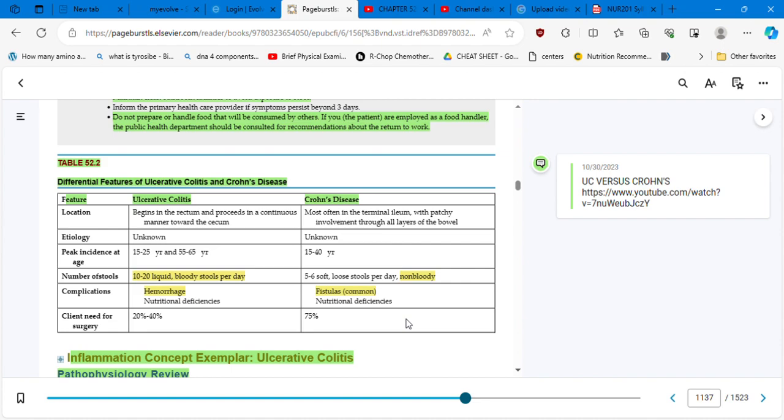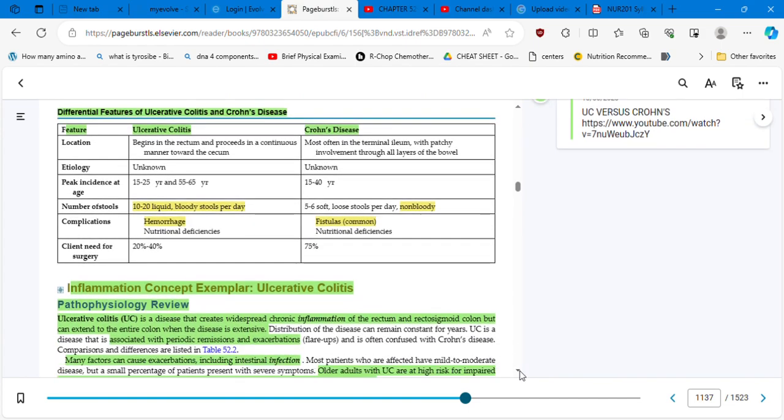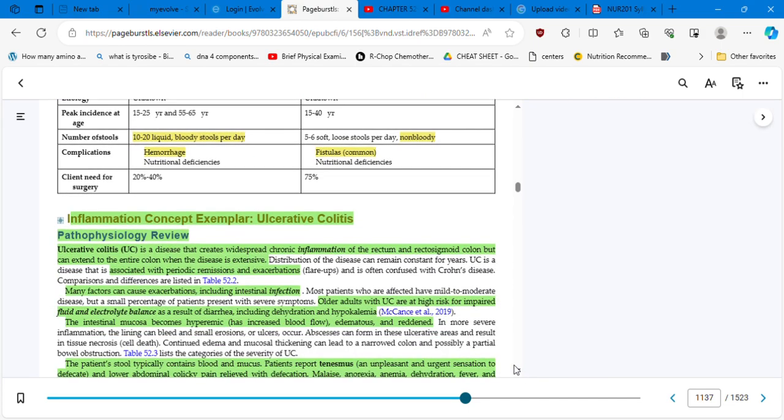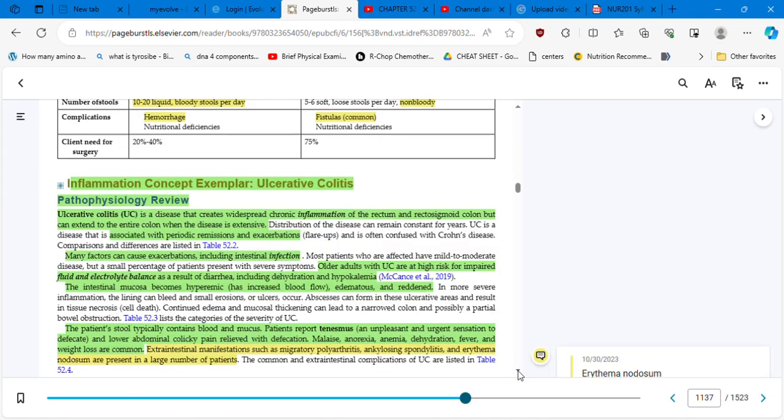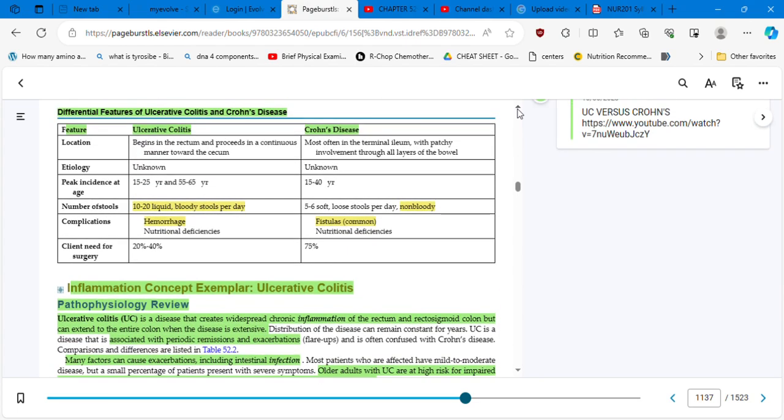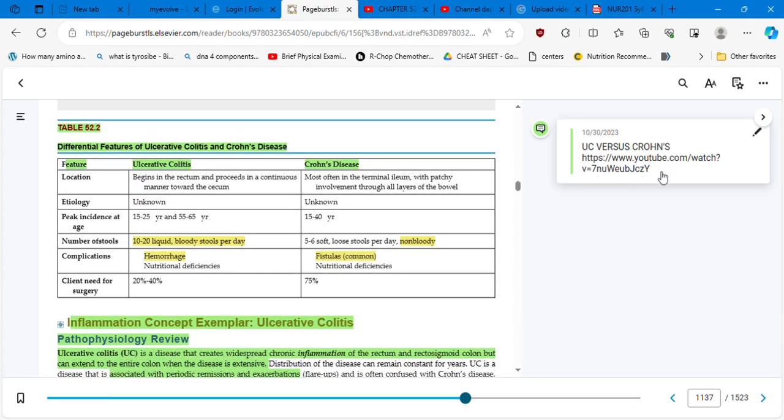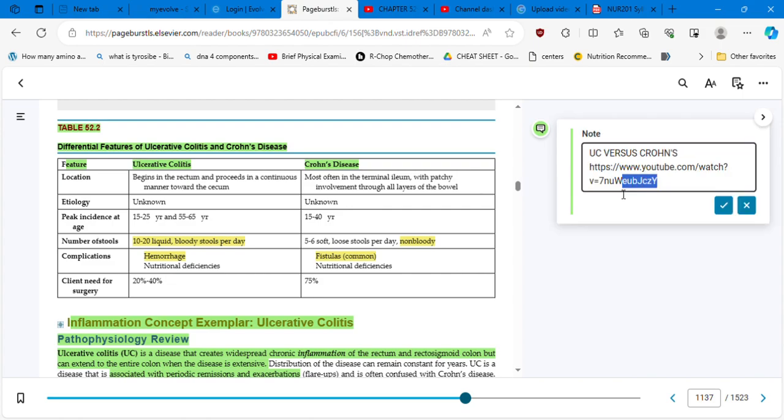We need to eliminate that, okay, to avoid perforation or contamination of other organs. Ulcerative colitis, pathophysiology. But before that, let's watch a video about ulcerative colitis versus Crohn's to have it clear.